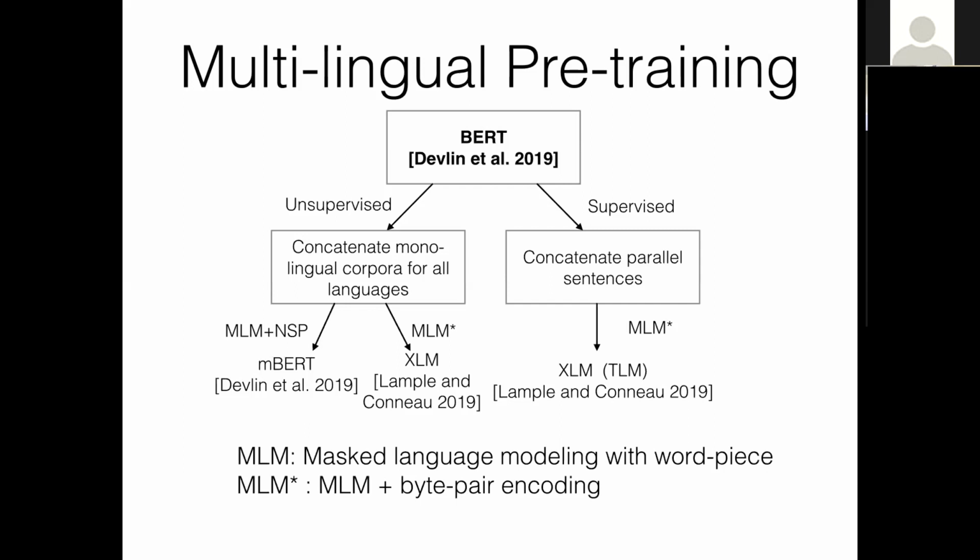The model can now also use the context in the second language to predict the masked tokens in the first language. Having this kind of supervision allows the model to learn better multilingual representations. Empirically, they find that the XLM TLM variant performs better than MBERT and XLM on the multilingual tasks.